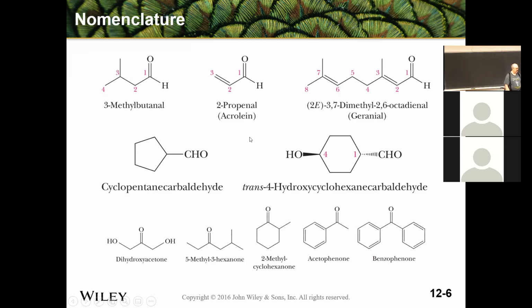Okay, here is 2-propenal. Okay, the 2 indicates the position of the double bond. The ene indicates that we have a double bond. And we drop the E after ENE because the next letter is a vowel.